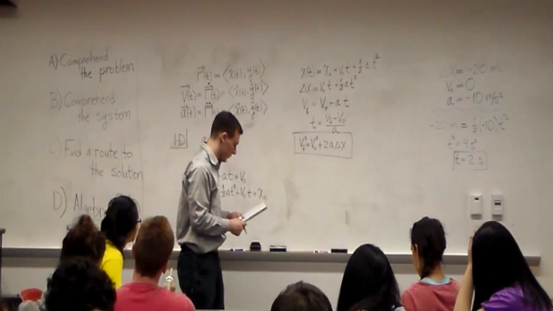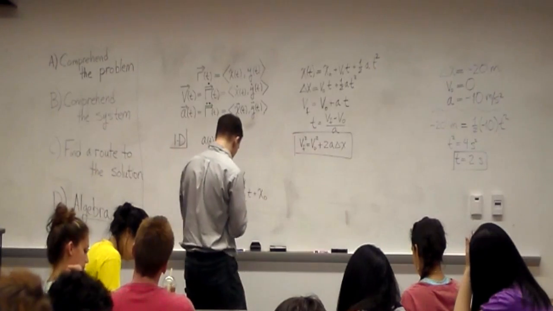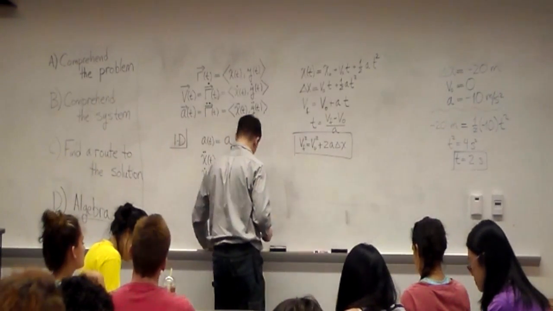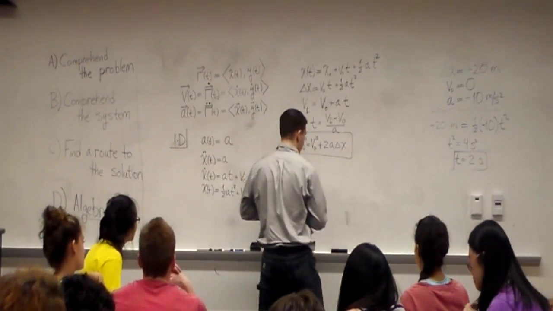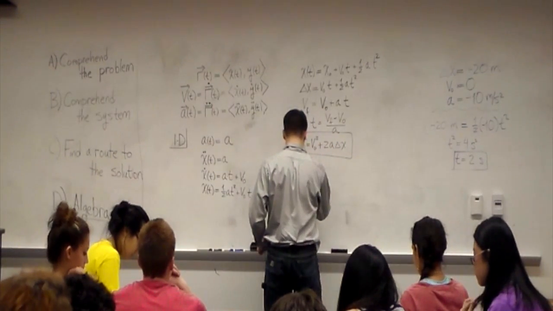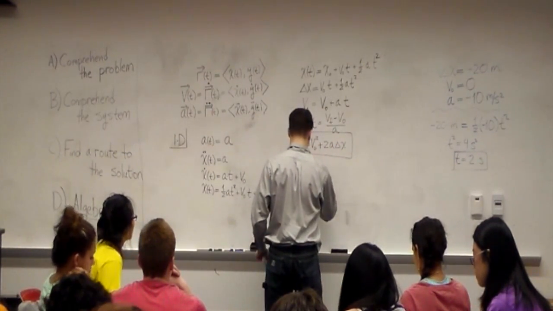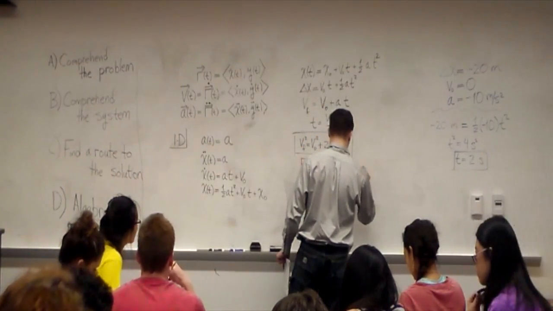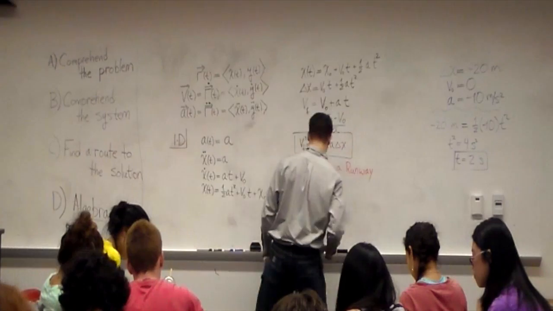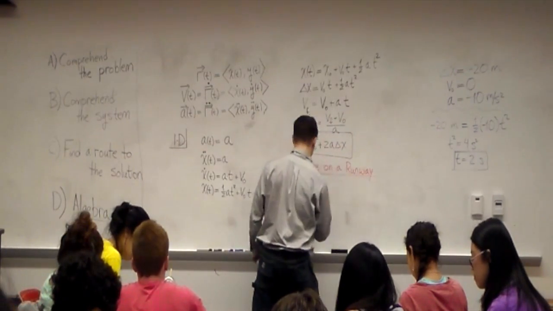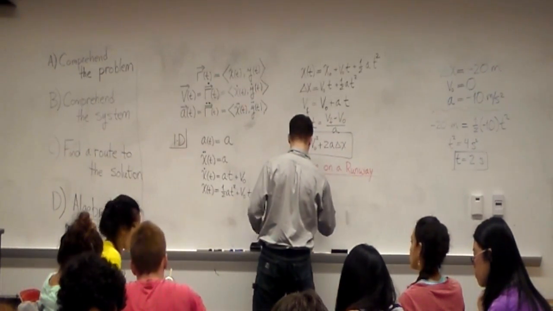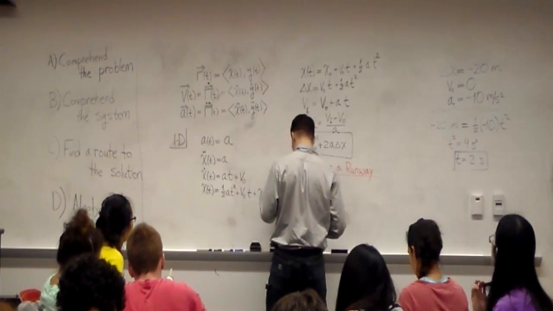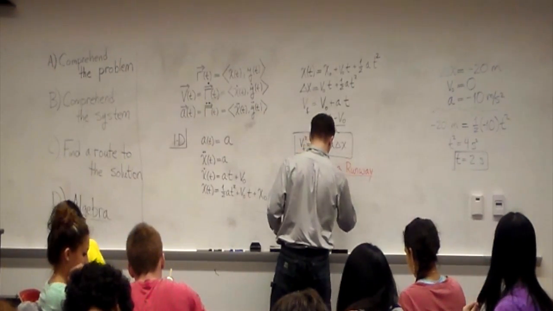So the classic example is you have a plane on a runway, okay? The length of the runway is going to be 1,000 meters.